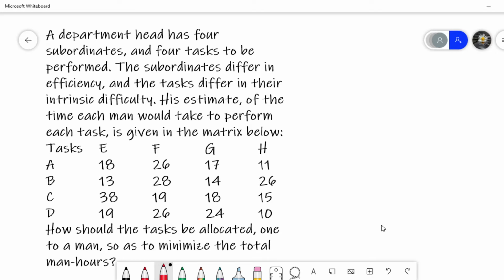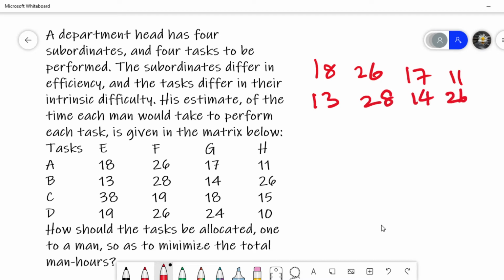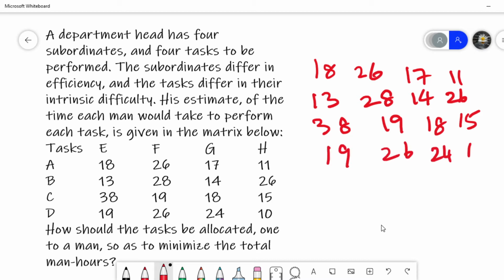The values are 18, 26, 17, 11, 13, 28, 14, 26, 38, 19, 18, 15, 19, 26, 24, 10.